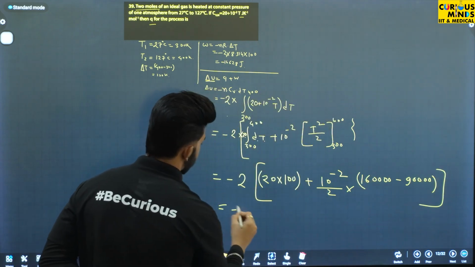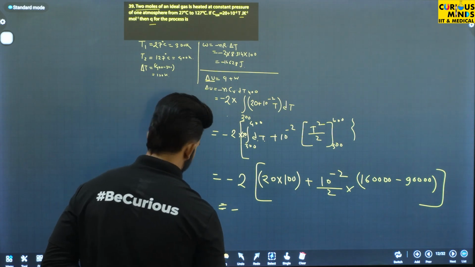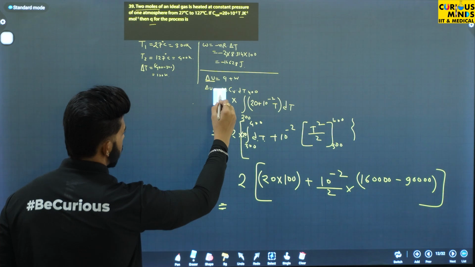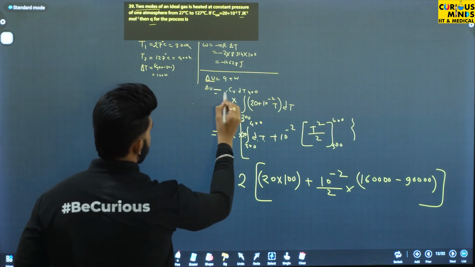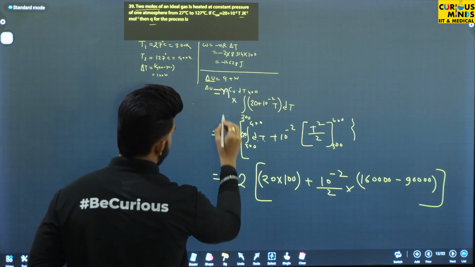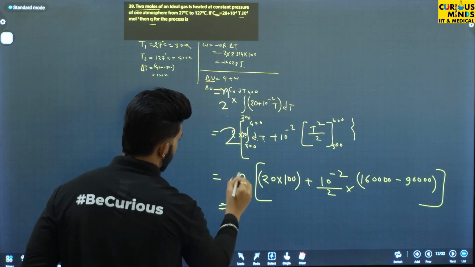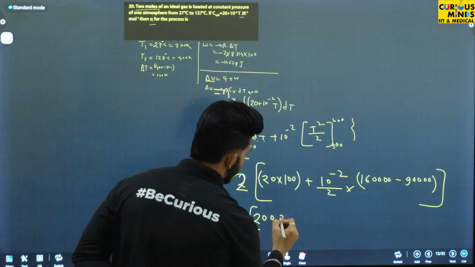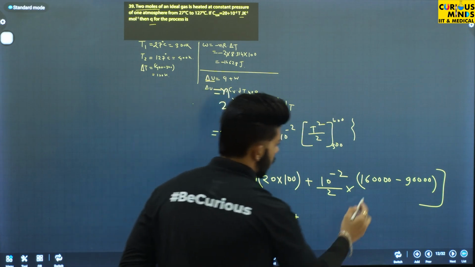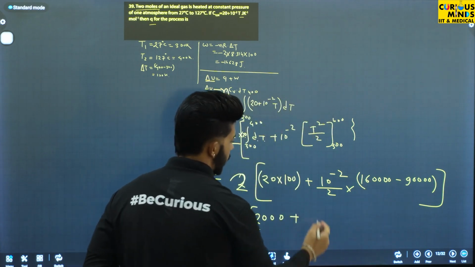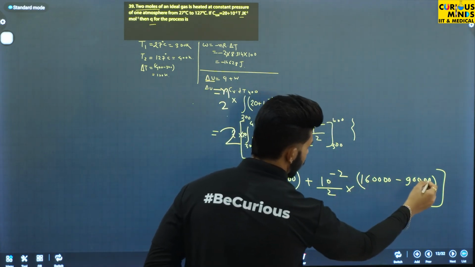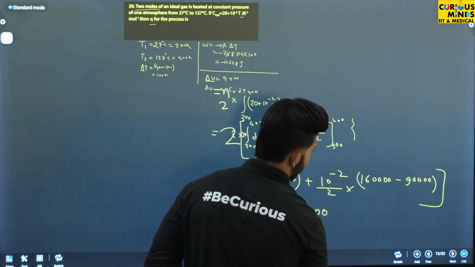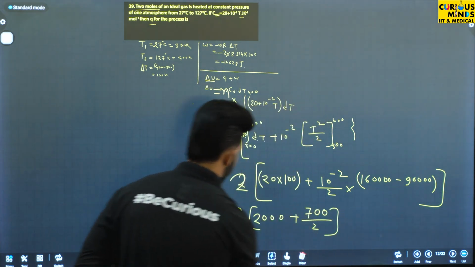So this will be minus, why minus? This should not be minus. Sorry for that. So this will be n Cv dT. So this will be 2, normal 2. So 2 into 2000 plus 16 minus 9, that means 7, right? 7 and the 2 zeros cancel from here, so here it will remain 700 by 2.